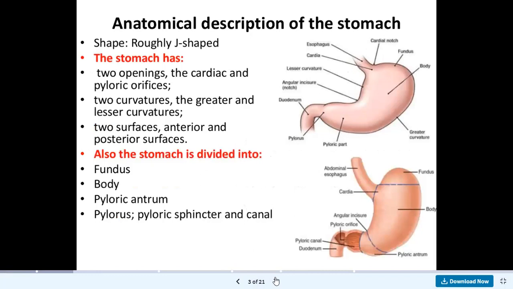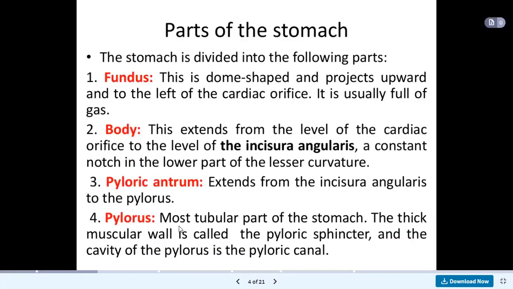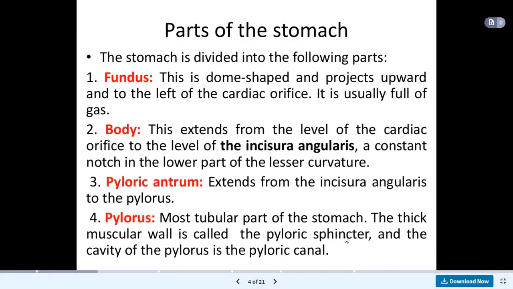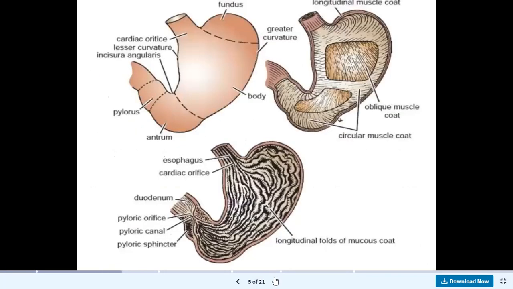And then lastly, we have the pylorus itself, which is the most tubular part of the stomach. The thick muscular wall is called the pyloric sphincter. So the walls of the pylorus are made up of thick muscles, and they are called the pyloric sphincter. And there is a cavity of the pylorus, which is called the pyloric canal, as we saw in the previous diagram.